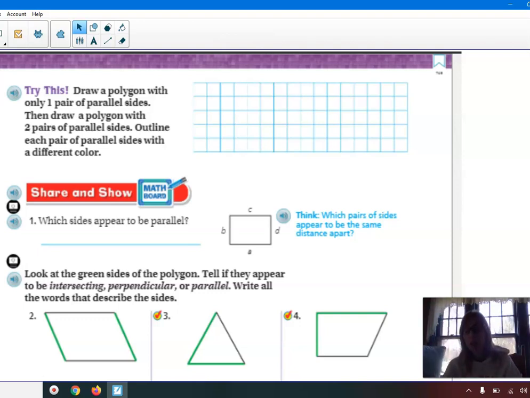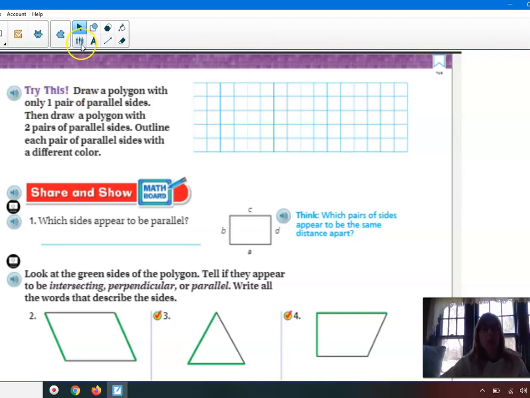First of all, you have to know that a pair consists of two things. So like a pair of shoes, you don't have just one shoe, you have two shoes. So you are going to draw a polygon with only one pair of parallel sides. Then draw a polygon with two pairs of parallel lines. Outline each pair of parallel lines with a different color.